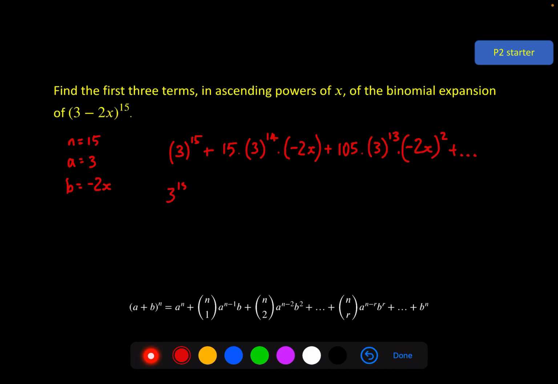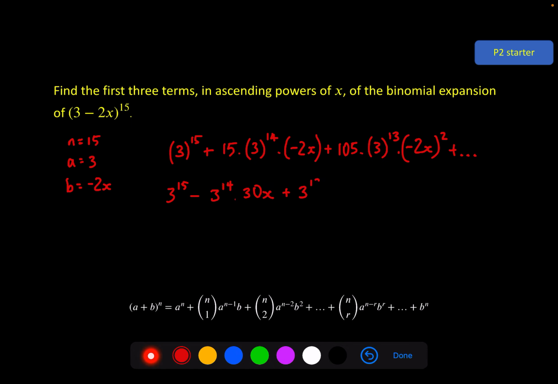So 3 to the power of 15 plus 3 to the power of 14 times, oh, I've done a plus there, that should be a minus. This would be why you should simplify the other bits. Minus 3 to the power of 14 times 30x. And then this will be a plus again. So we've got 105 times 2 squared, which is 420.